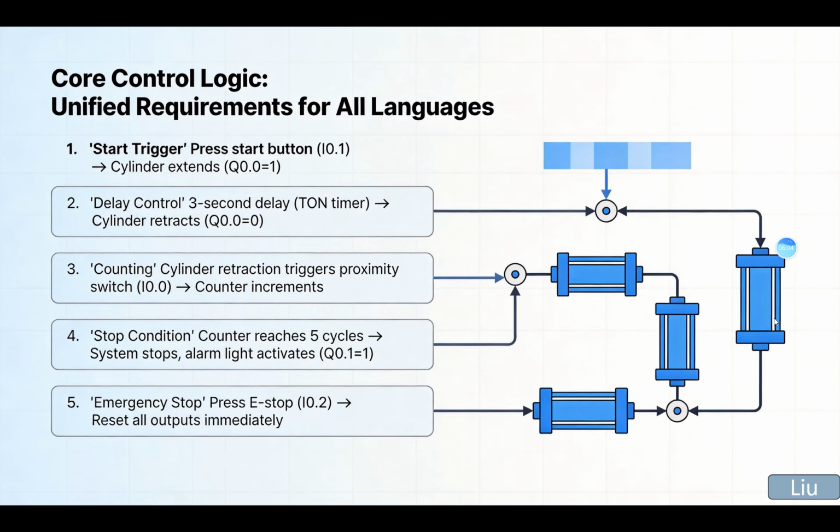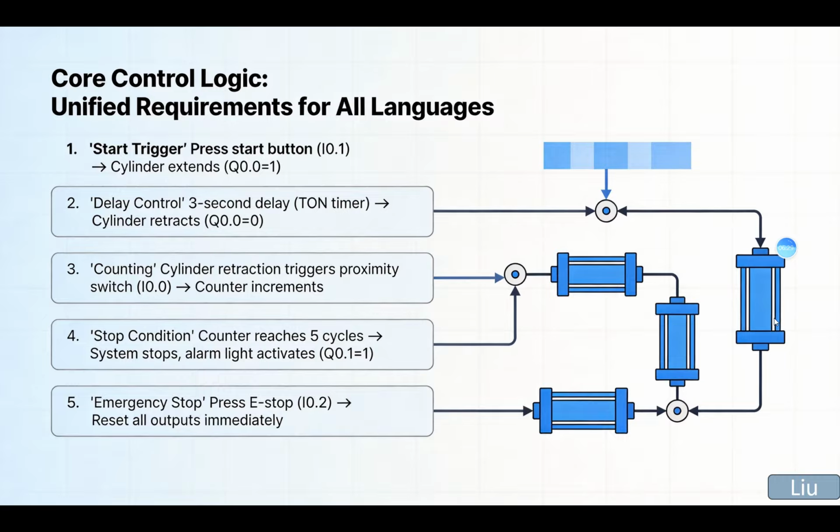So the core control logic: the first one is the start trigger, press the start button and the cylinder extends. Second, delay control, then the cylinder retracts. Third, counting, cylinder retraction triggers the proximity switch.